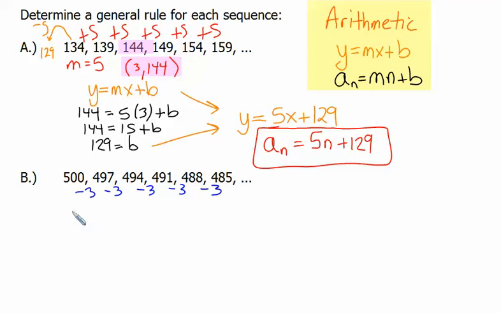In the second problem, our slope is negative 3. Pick any item in that list. It doesn't matter which one. I'm going to select 488. To write the ordered pair, we simply have to see that the 1, 2, 3, 4, 5th term is 488.